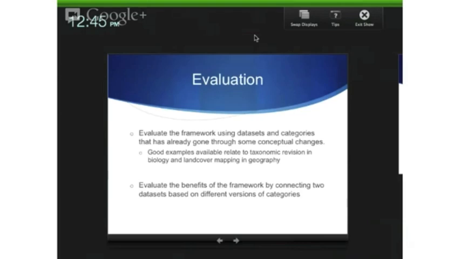So I want to evaluate two specific aspects of my framework in terms of correctness, whether it does what it's supposed to be. So if we use categories that have already gone through some conceptual change, and try and use that and see if it produces the same sort of changes in our framework.